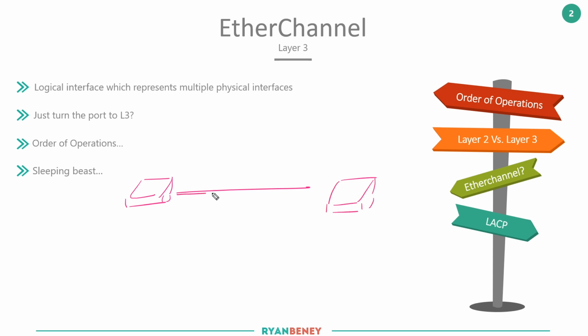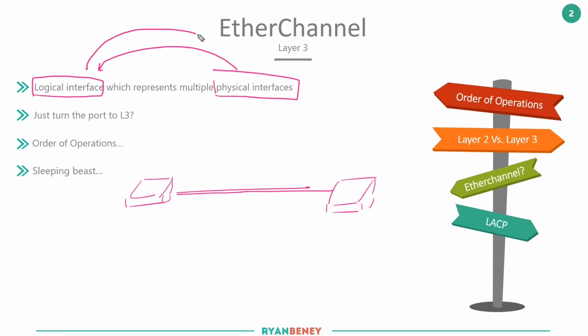Well, all of the config for these interfaces lives on the logical interface. So changing the physical interface does not tell the logical interface. The logical interface only pushes the config down to the physical. That's why you end up with order of operations problems.